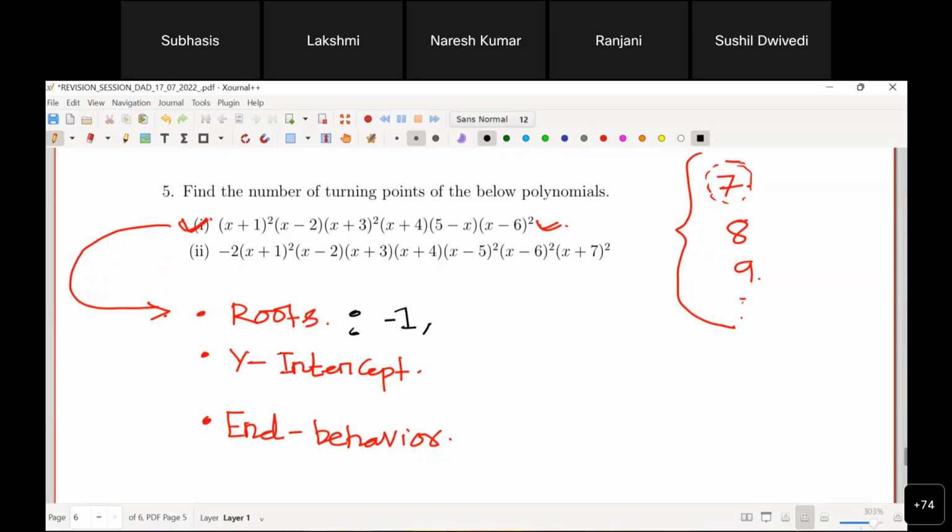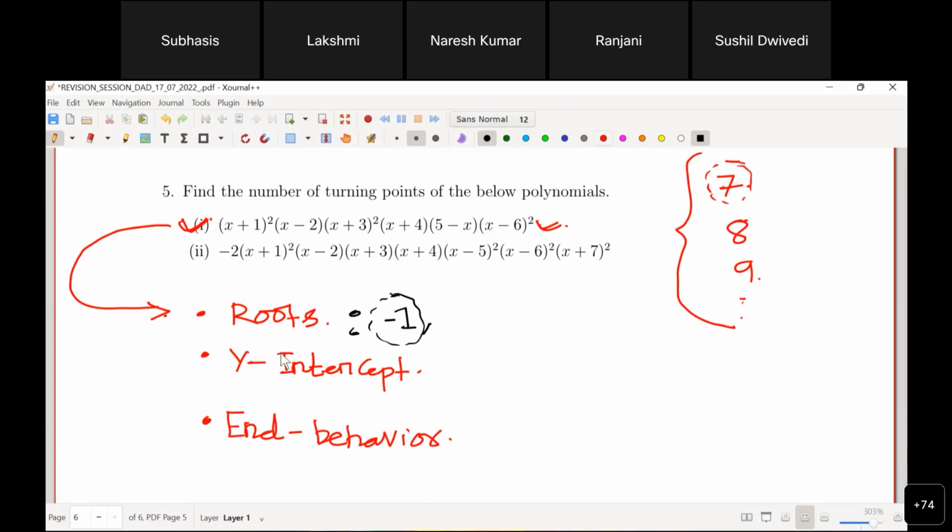And at the same time, while computing the roots, we have to also note down the multiplicity of the roots. Later I'll let you know why we need to compute the multiplicity also. So what is the multiplicity of -1 here? 2.